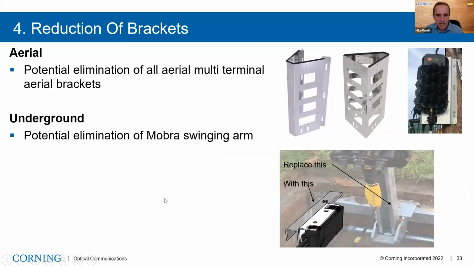As you look into the sky, you'll see all these shiny brackets where more than one terminal is mounted on the pole in order to conserve space. Those brackets cost money, and there's a potential elimination of those multi-terminal brackets. For underground, I mentioned we have this MOBRA swinging arm.